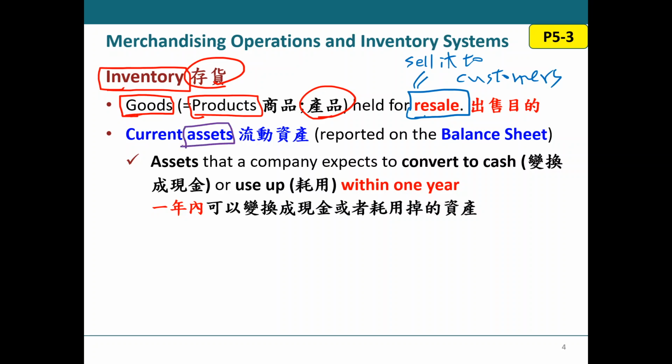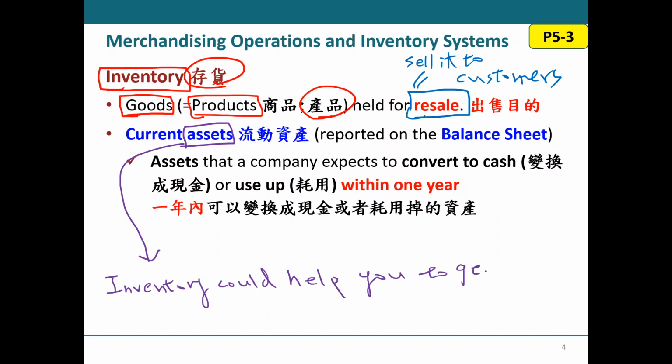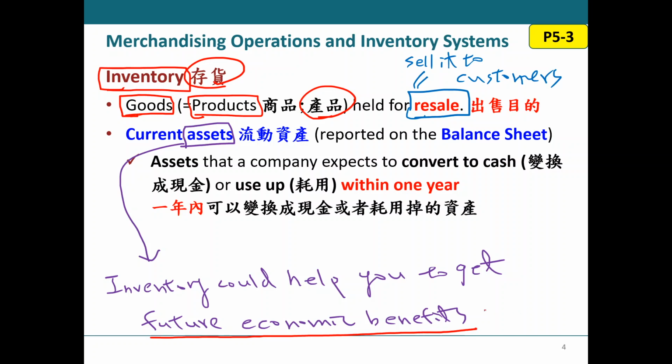资产. Why? Because in the future, inventory could help you to get future economic benefit, 未来经济效益. Okay? How?